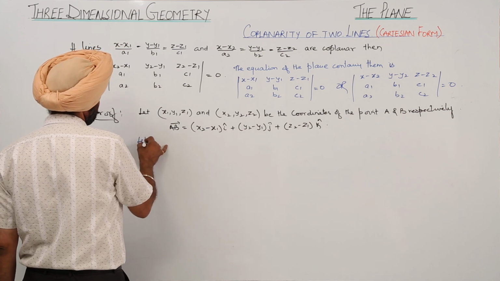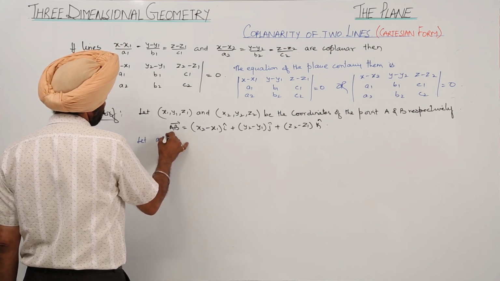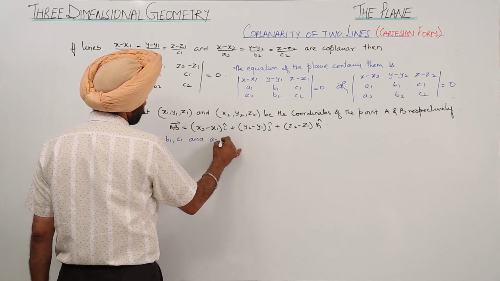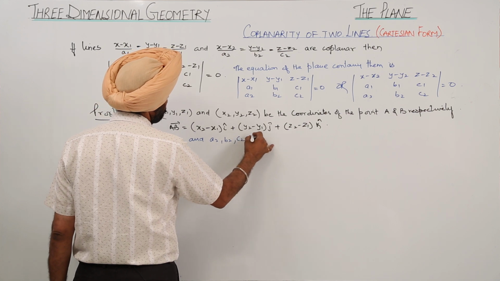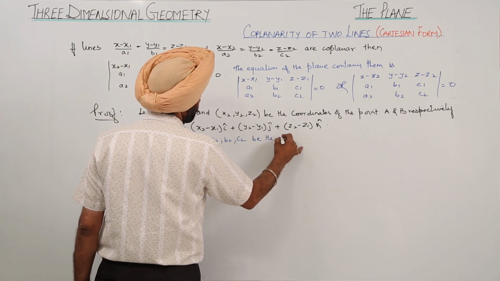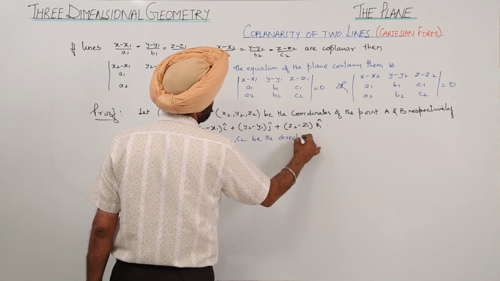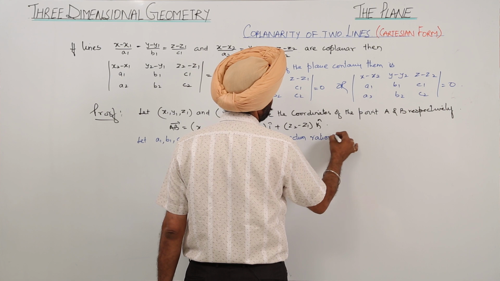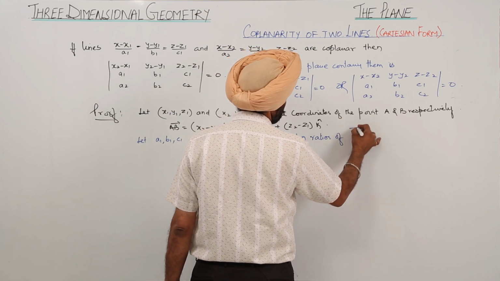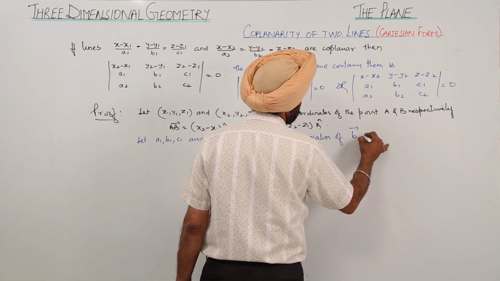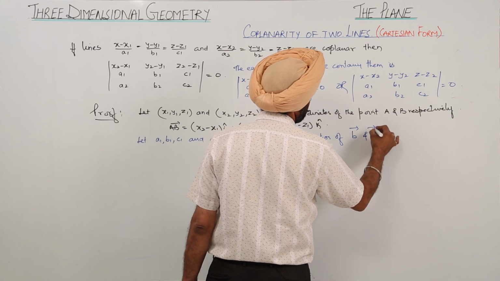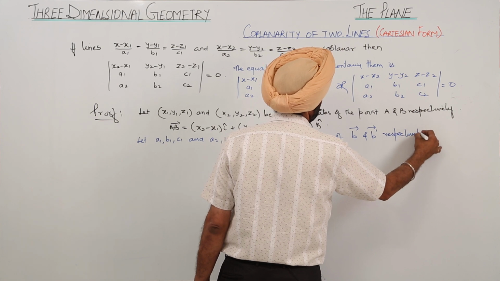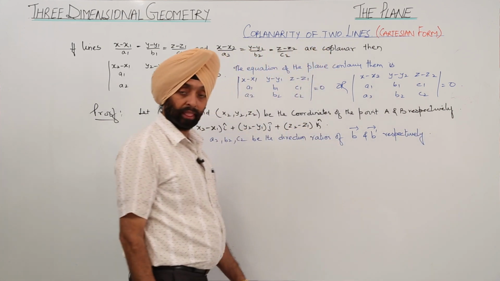Let a1, b1, c1 and a2, b2, c2 be the direction ratios of vectors b and b dash respectively. Okay.